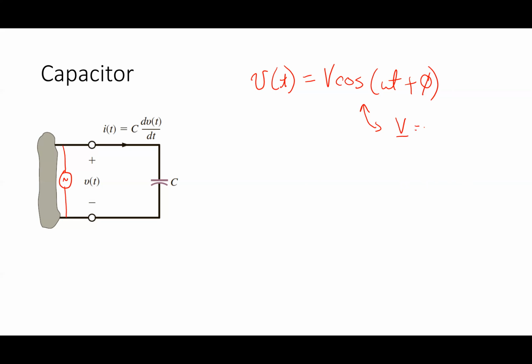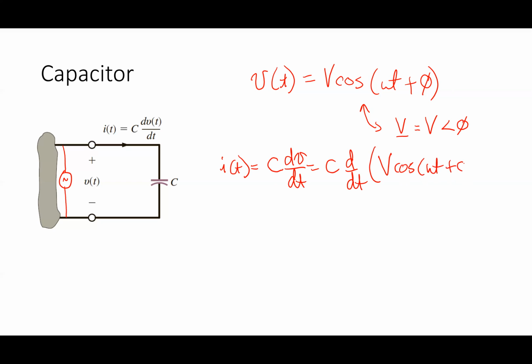V angle phi, whatever that value is. Now keep it the same: i of t equals C dv/dt. So C times d/dt of V cosine omega t plus phi.